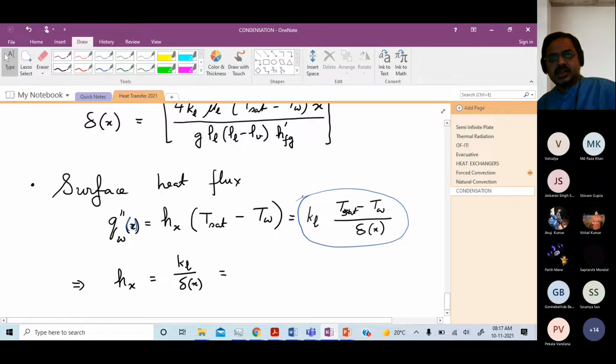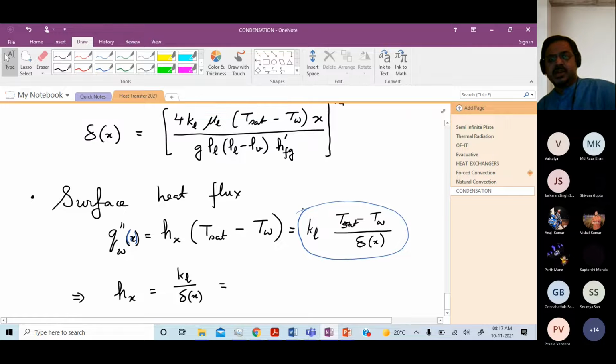Let us look at this expression and write down the delta. So KL goes to the numerator. There is a KL in the denominator in delta, so that partly cancels out.